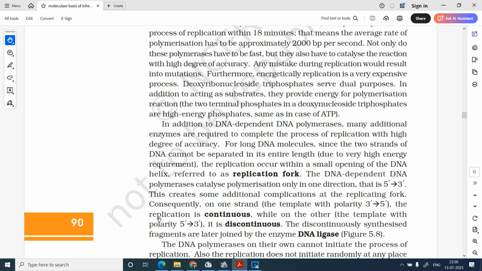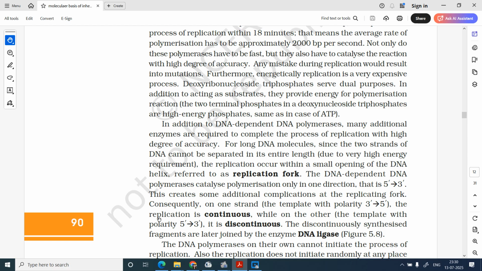For long DNA molecules, the two strands of DNA cannot be separated in their entire length due to a very high energy requirement. The replication occurs within a small opening of the DNA helix referred to as the replication fork. The DNA-dependent DNA polymerases catalyze polymerization only in one direction, that is 5' to 3'.